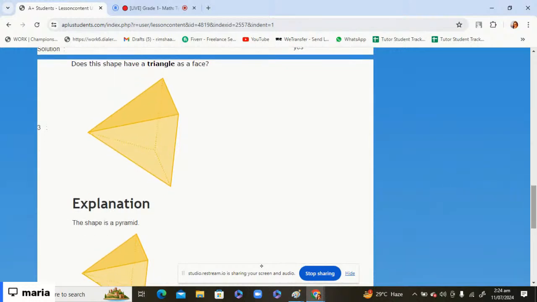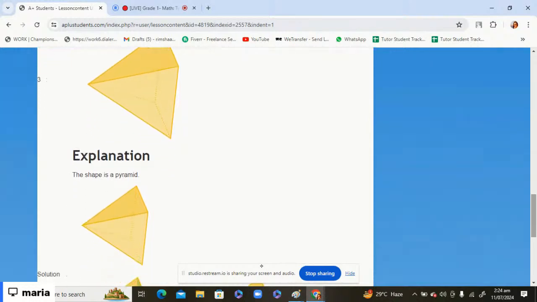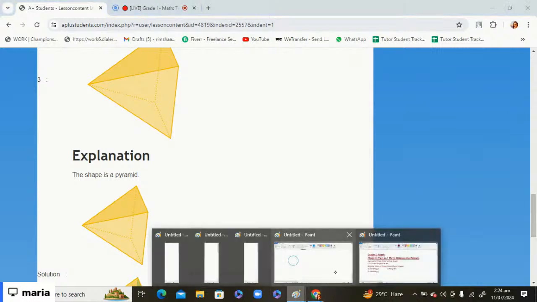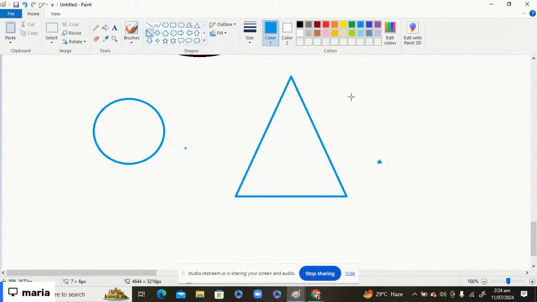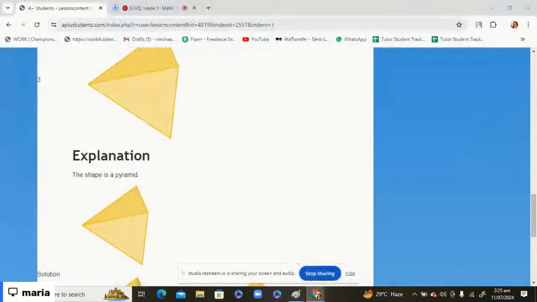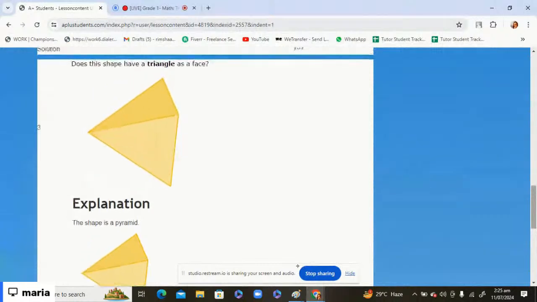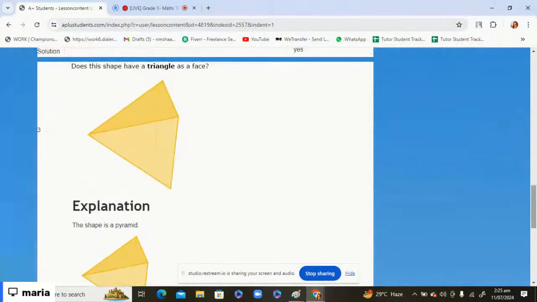So does this shape have a triangle as a face? So look at here. What is the shape of the triangle? I already told you. This is basically the shape of the triangle. Okay, like these shapes of the triangles. So check it out. Is there any shape of the triangle? Think about it and then tell me.